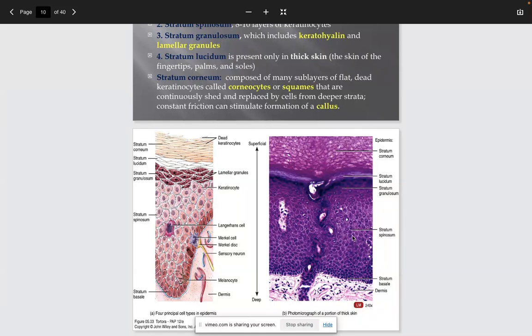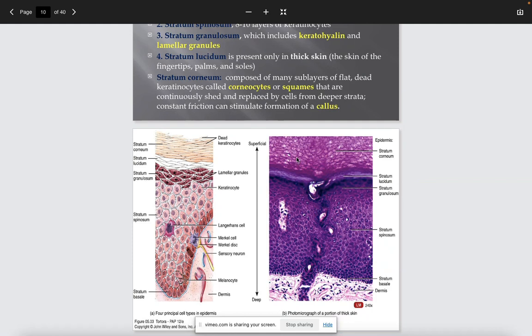If you were to have this light microscopy a little bit more blown up, you would be able to see the different spinous layers that give it this name. Stratum granulosum, this is going to have these lamellar granules that you can see kind of here, here, and here present. The stratum lucidum, again, this is going to be the area where it's only present within the thick portion of the skin. And you can see here the stratum corneum, and you can see how it has these different layers of dead cells.